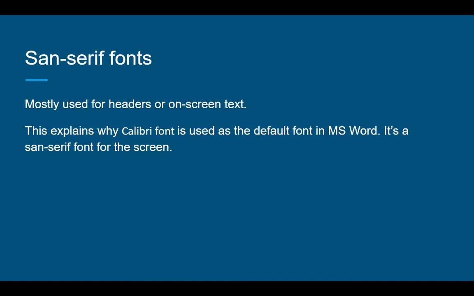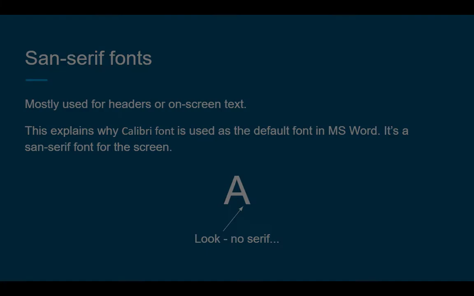And this, by the way, is why Calibri is the default font in Microsoft Word, because most of what you do in Microsoft Word is on screen, and sans serif fonts read more easily on screen. I don't have the research that proves that, but it is out there. So here we have Arial, capital letter A. Look, no serif. Yay.